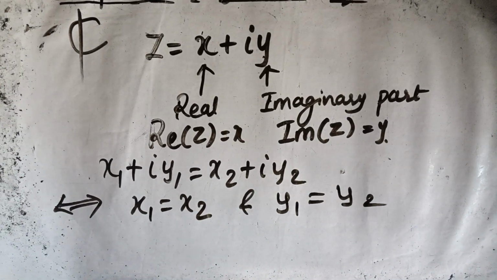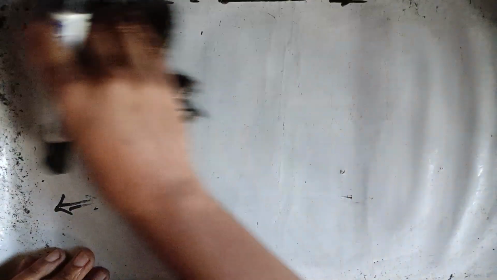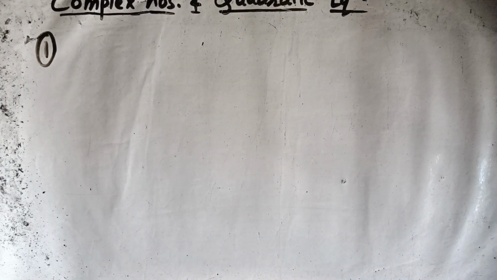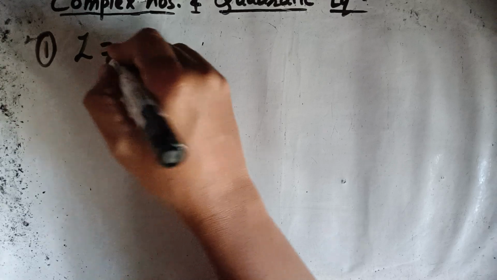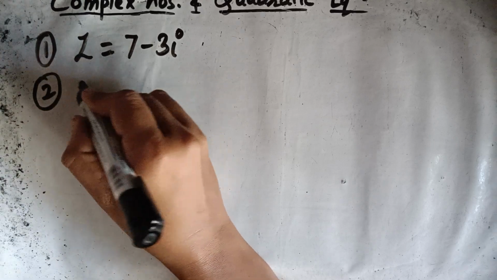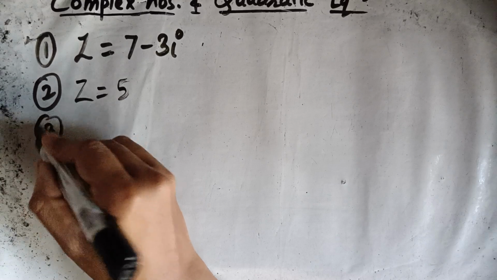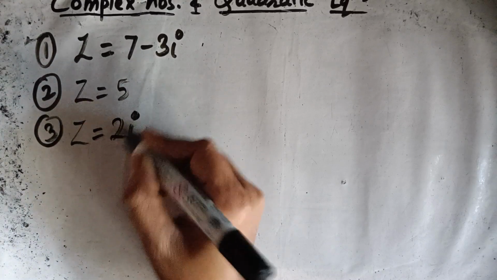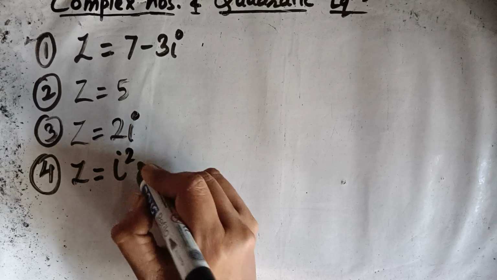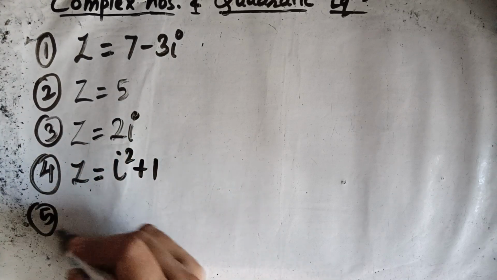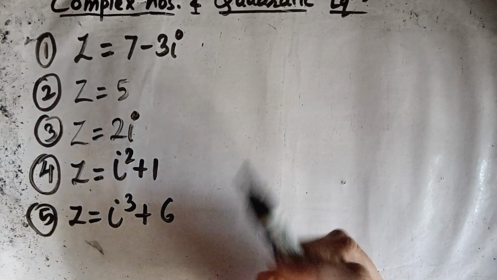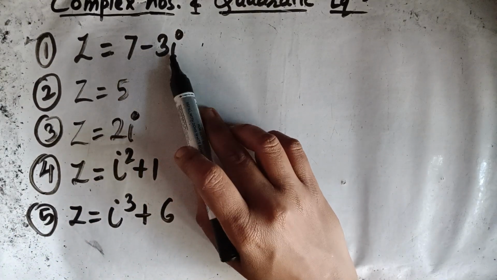Okay, let's start with some examples. You have to write the real and imaginary part of the complex numbers. So this is of the form x plus iy.